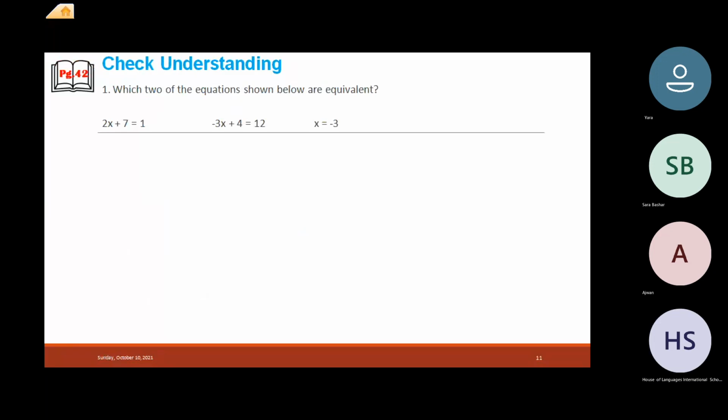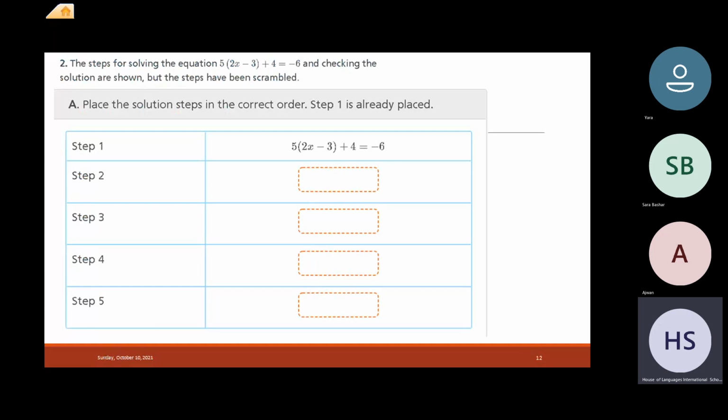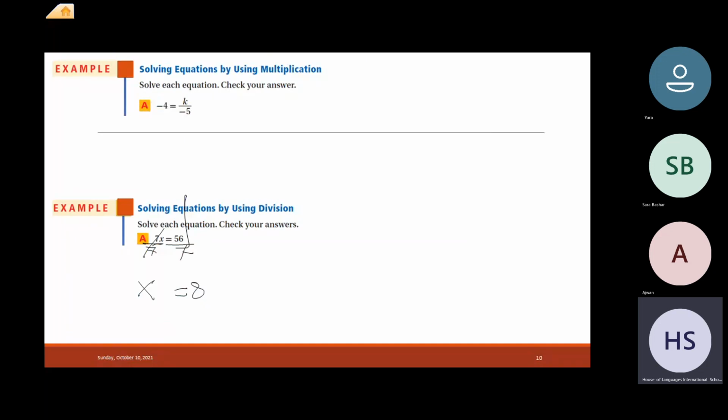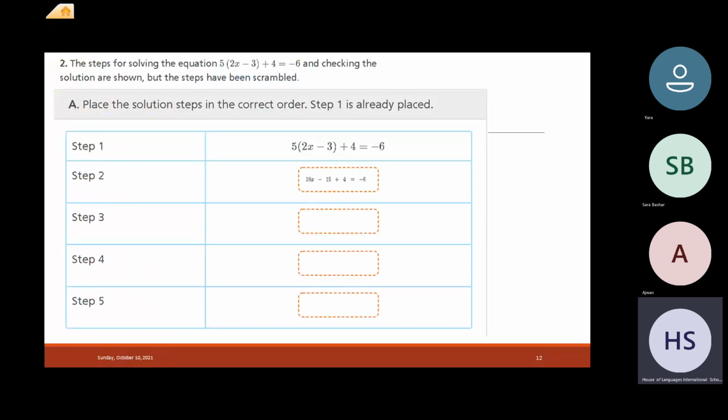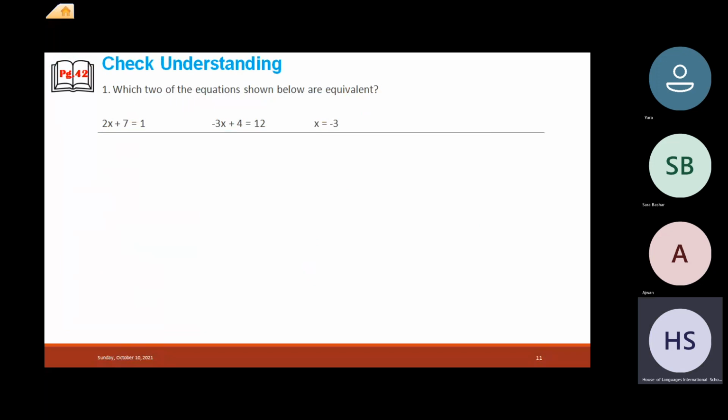Now, all of you, please open your book, page 42. I just explain the page.